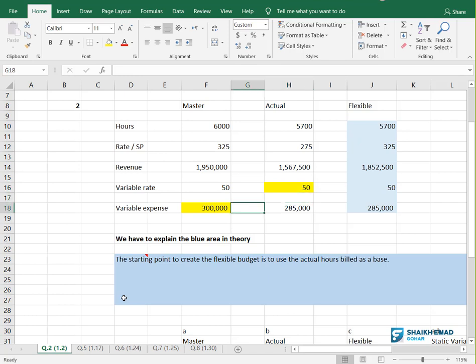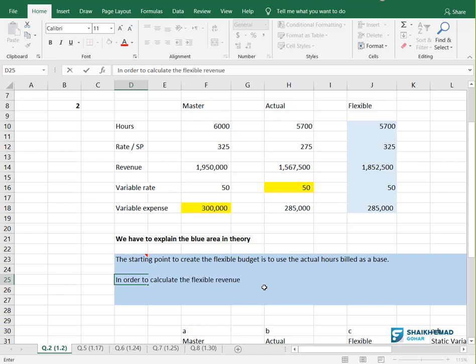We have two elements, revenue and variable expense. So we need to tell them how we got this 1852 and how we got this 285,000. This is the point. Okay, so we can say in order to calculate the flexible revenue, what we need to do, remember, multiply what with what?